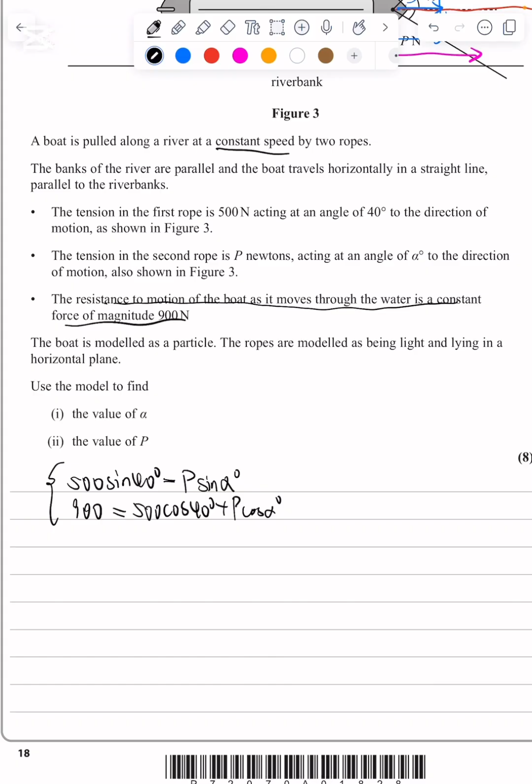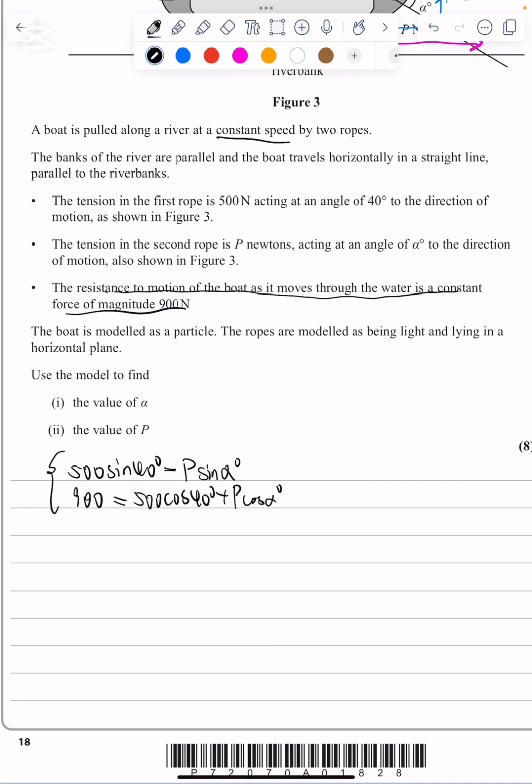We're solving for this, basically. Yeah, so let's do some math. We get 321.4 equals P sine alpha. And 500 cosine 40 degrees, so 517 around this equals P cosine alpha.